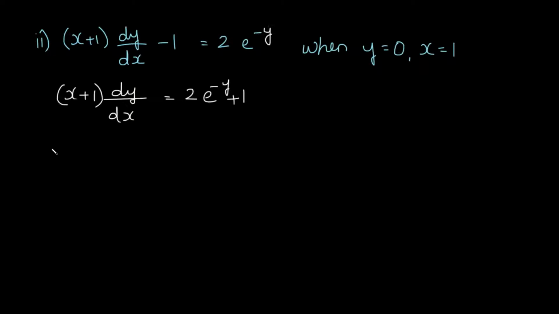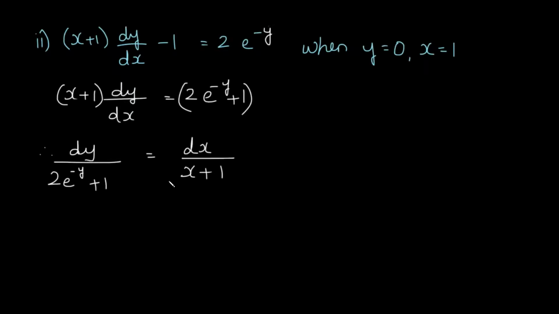So we get over here dy upon 2e raised to minus y plus 1, we have taken this term together, is equal to dx upon x plus 1, when it goes to the RHS.